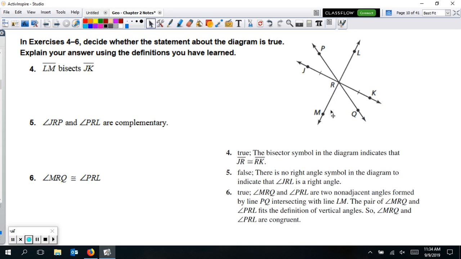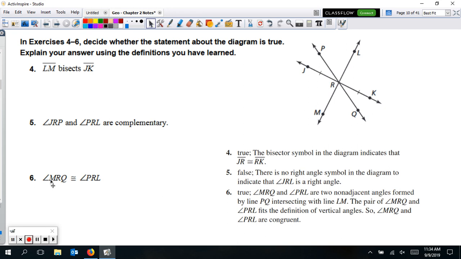It may look like it's 90, but we have to say false because there's no right angle symbol right here. It doesn't show us a right angle symbol with a little box there. So because that symbol is not in the diagram, we can't indicate that that is a right angle. So that one is false. It may look like it's complementary, but we can't actually prove the fact that it's complementary through the diagram.